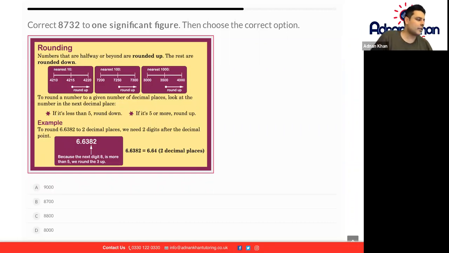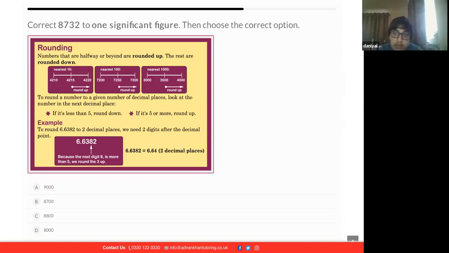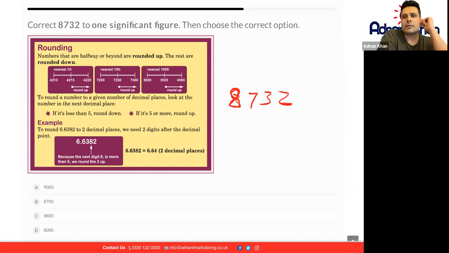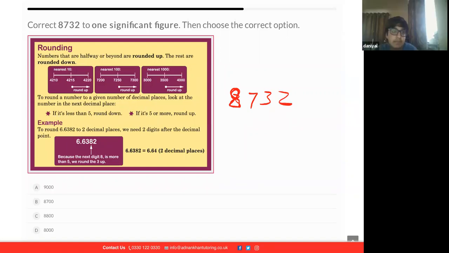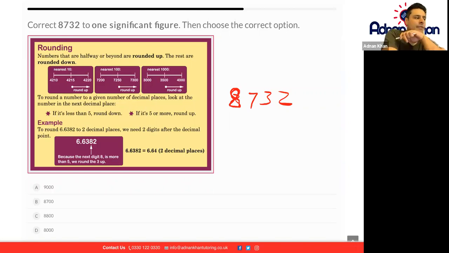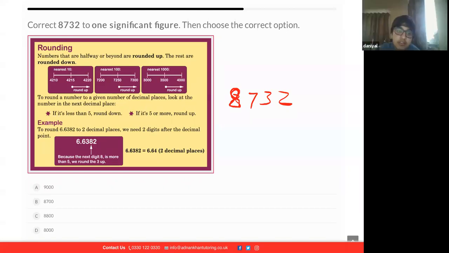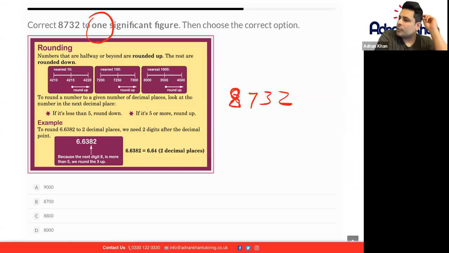Go ahead. Okay, so this one's a significant figure one again, Danny. Did you understand the explanation from before? Yeah. So we've got 8,732 here. Would you like some help, or are you okay to try this? Is it 9,000? To one significant figure.